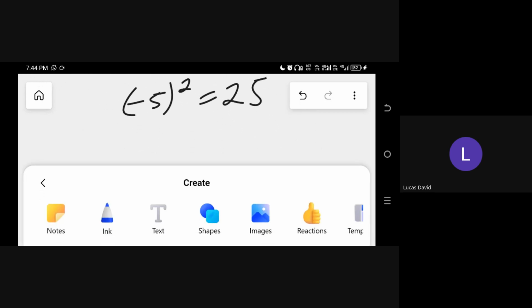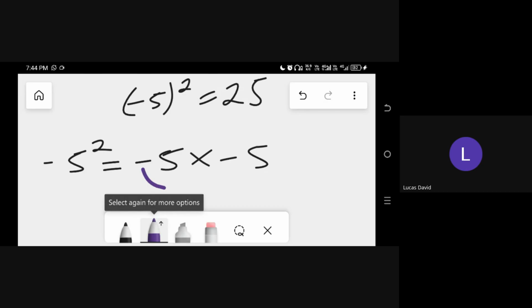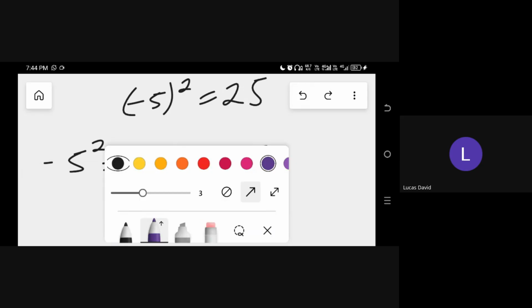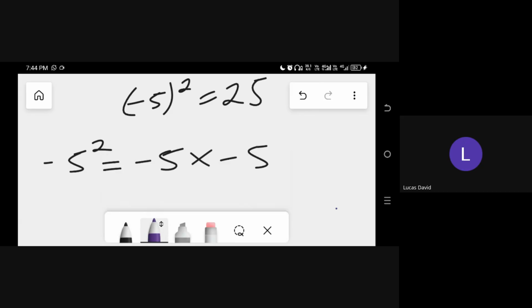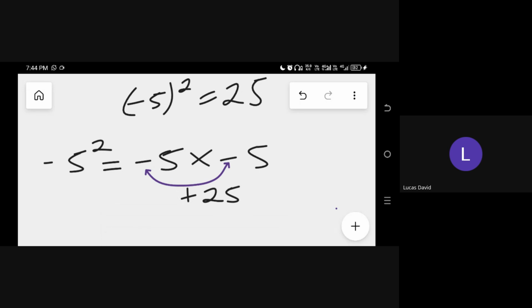So basically, minus 5 to the power of 2 means minus 5 times minus 5. And of course, you know that these two minuses, when they multiply themselves, become positive. Then 5 times 5 is 25. So you can see it's a positive 25.